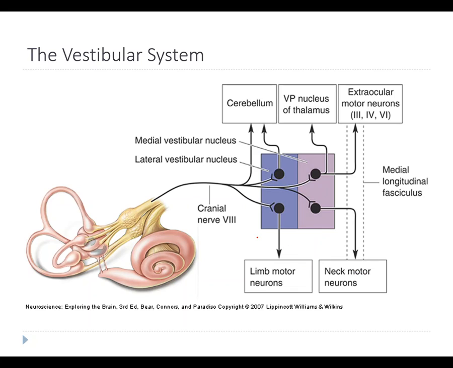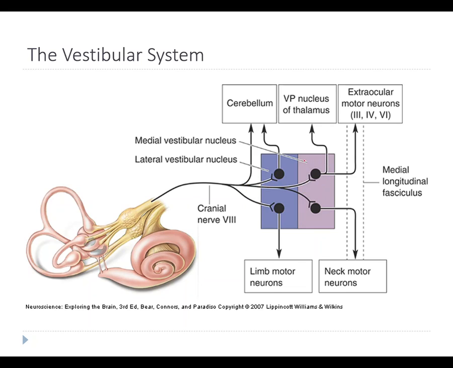These are the neurons that control the muscles of your limbs, meaning your arms and legs, and your neck. And it makes sense that the vestibular system would communicate with those motor neurons, because if you are suddenly off balance or need to stabilize your body because it's rotating or moving in a way you didn't mean for it to, then you would use your limbs and the movement of your head to try to reestablish balance.